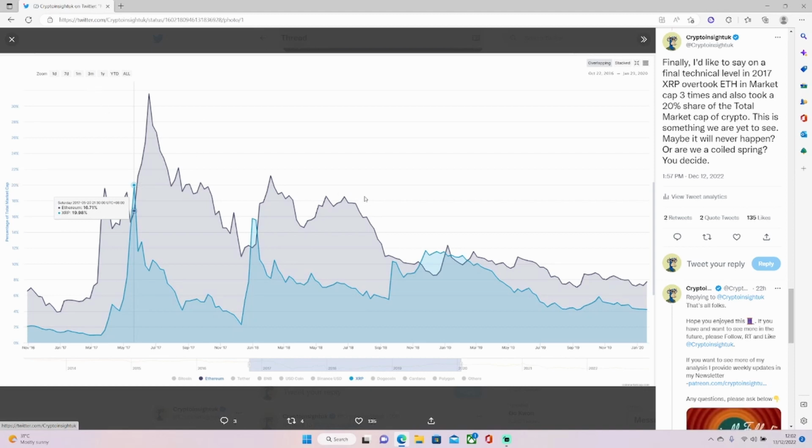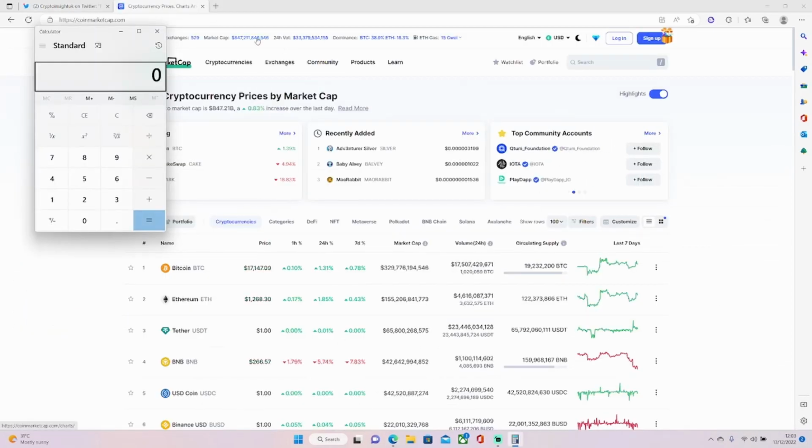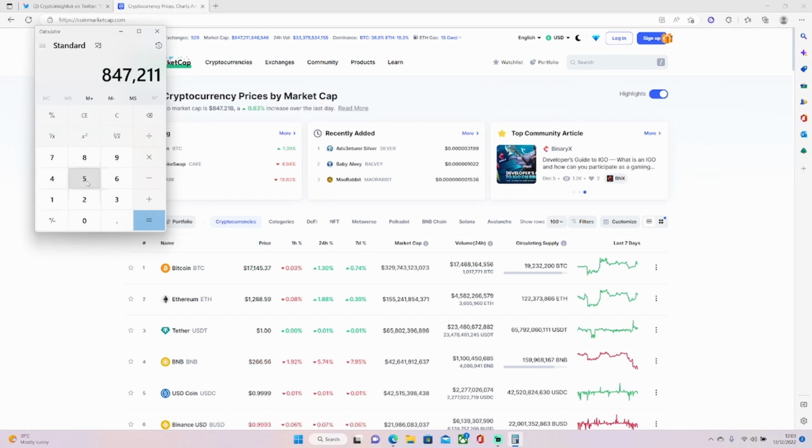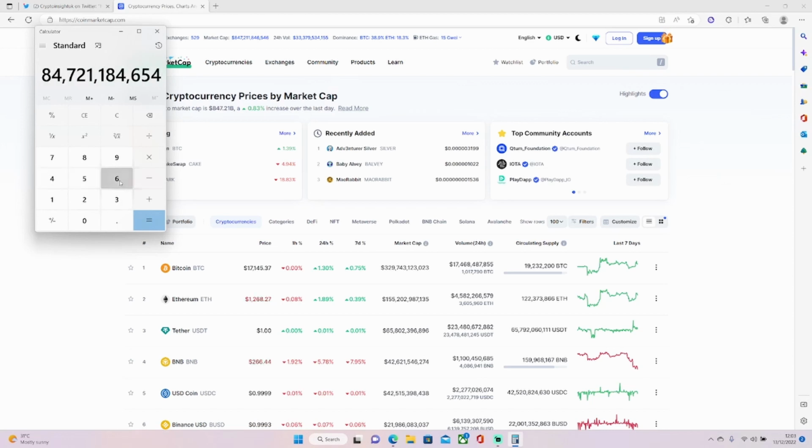And where would a 20% market share take us right now with XRP? Well, with a total market cap of crypto being 847 billion, 221 million, let's have a look. 847,211, 846,546 times by 0.2.